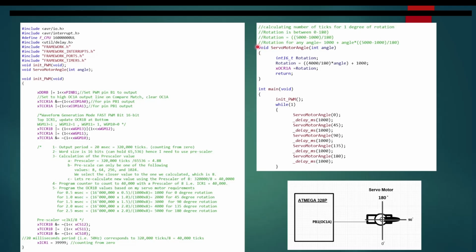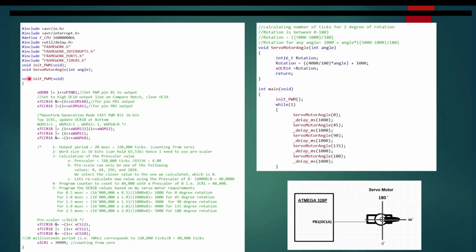Next, we have a routine called the servo motor angle, which has as an input an angle. And what it does is moves the servo motor arm to that particular angle. And finally, we have the main program, which initializes whatever needs to be initialized. And then it calls the servo motor angle to place the servo motor arm as required.